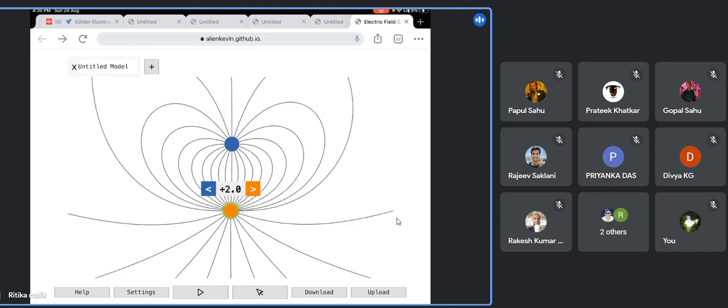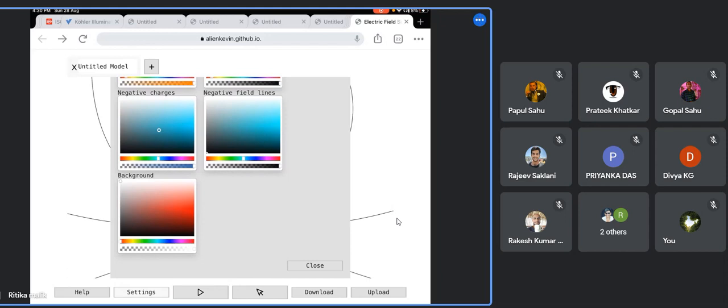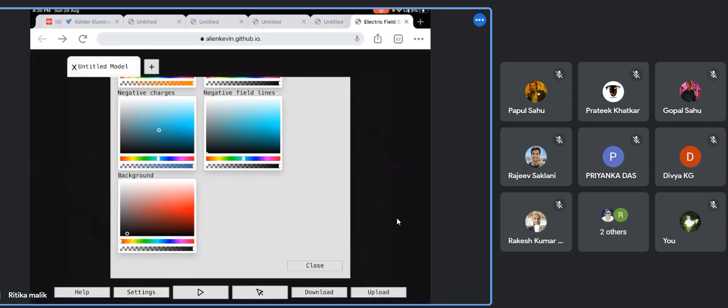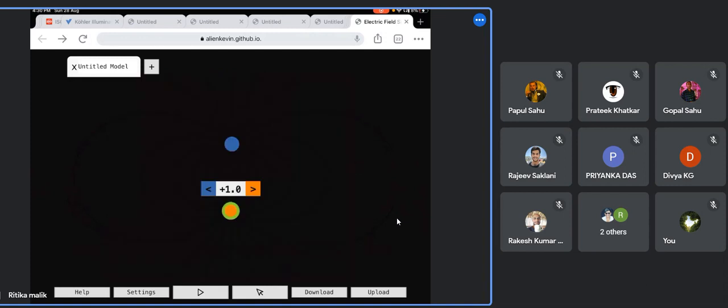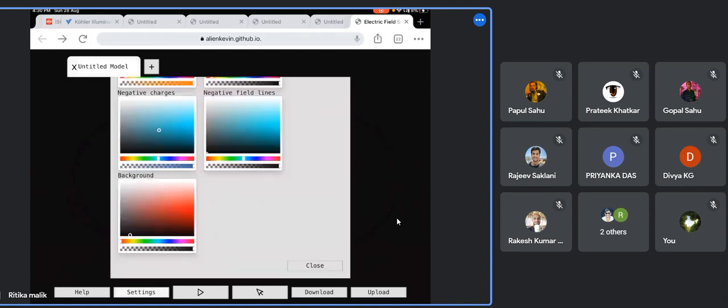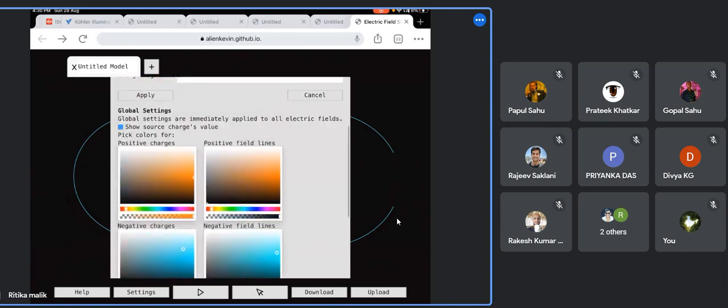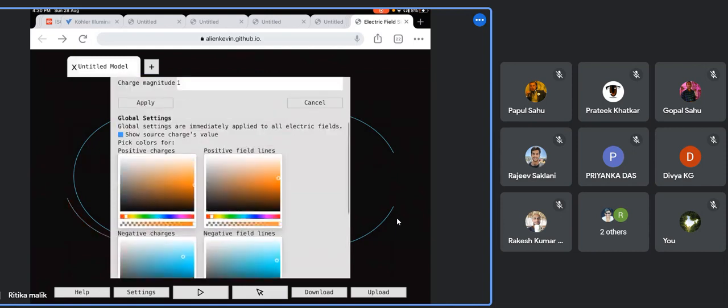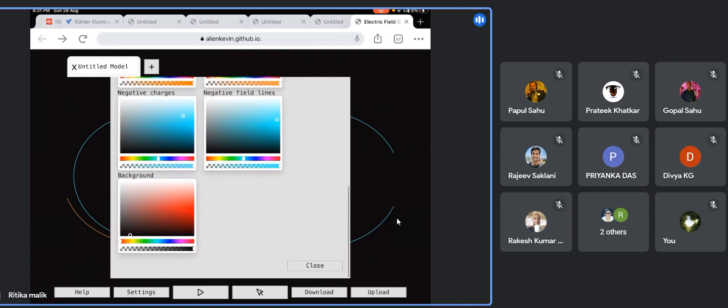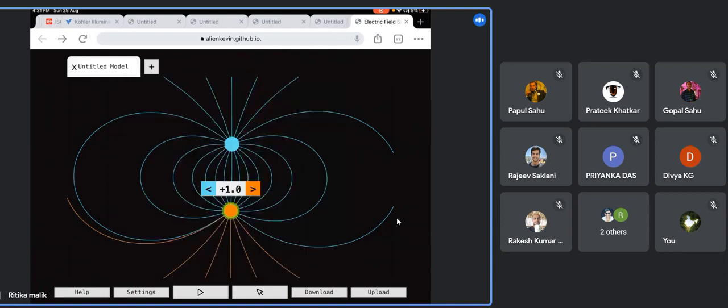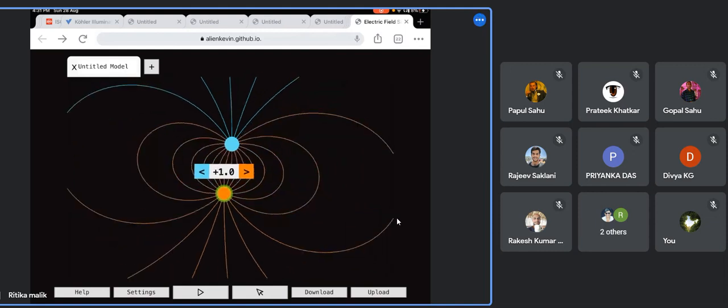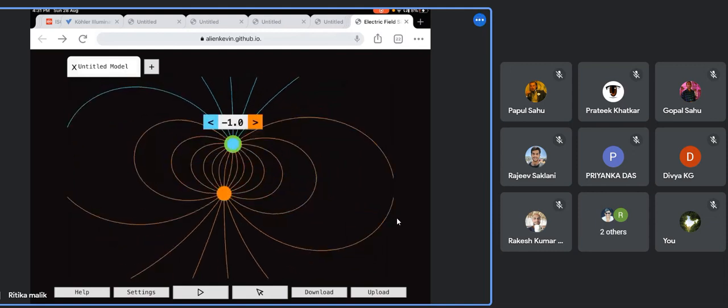Let me see if I can change their color so that you can see more clearly. See, the orange lines are due to the positive charge and the blue ones due to the negative charge. So I have changed one of the charges to +2.